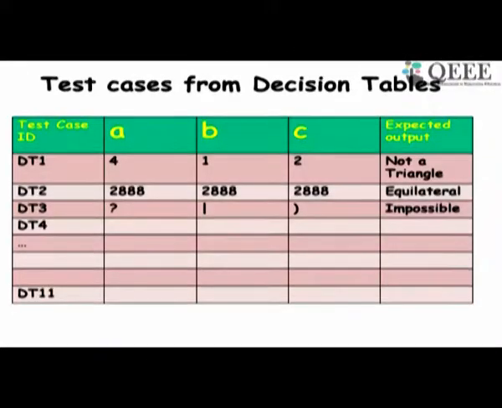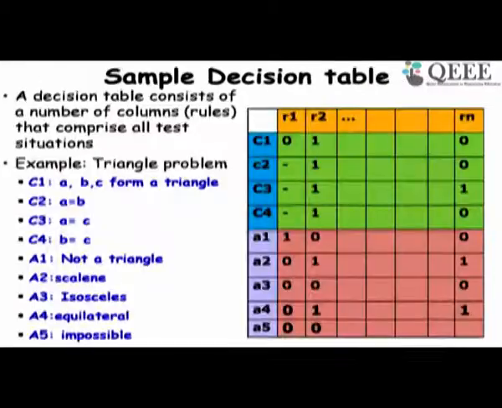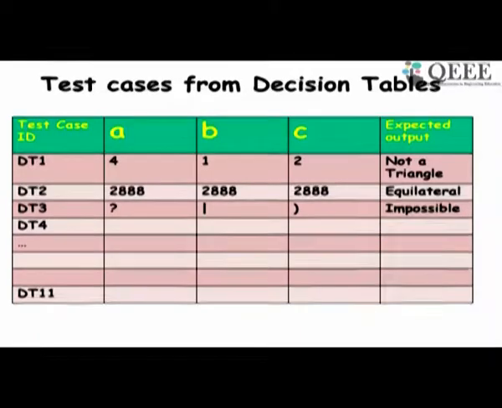Okay, and once we form this table, we will form test cases. We will give sample values for these conditions, and then we will say that these actions should take place. So we just write here the values A, B, C, that is 4, 1, 2, not a triangle.